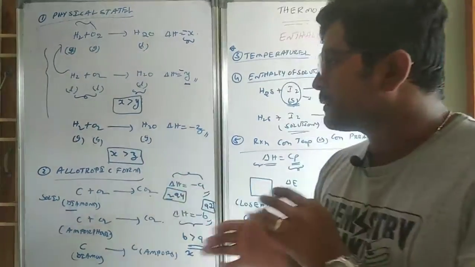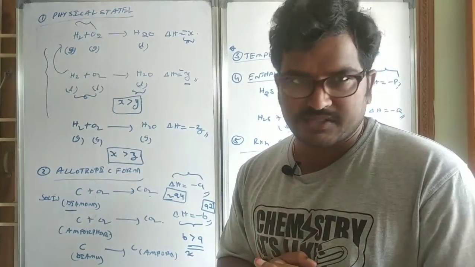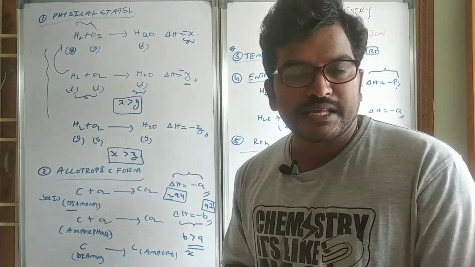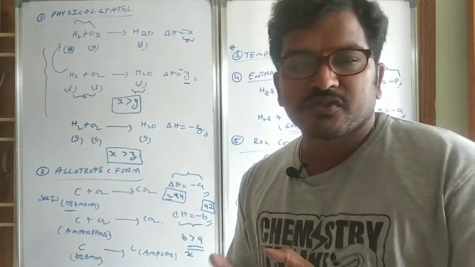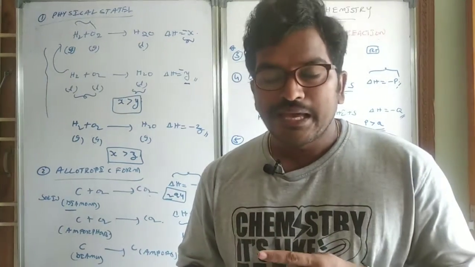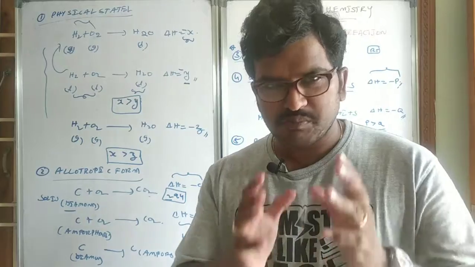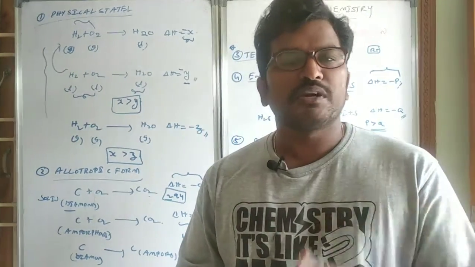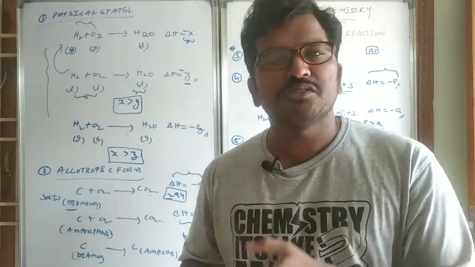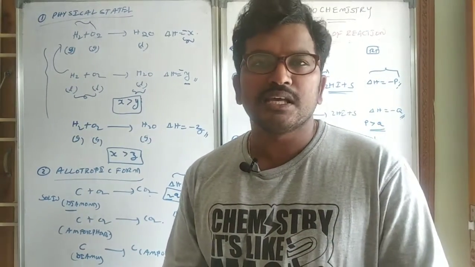Based on this, theory bits or some basic level questions they can ask you. They will give you a particular reaction and ask for which of the following enthalpy of reaction is maximum, for which of the following it is minimum. There is no need to learn the values by heart. Simply they will ask which is more and which is less, or they will give you some values and you have to see which is more and which is less.